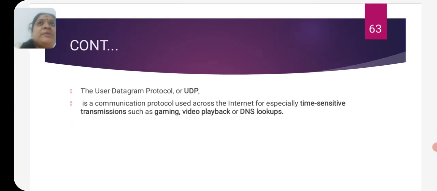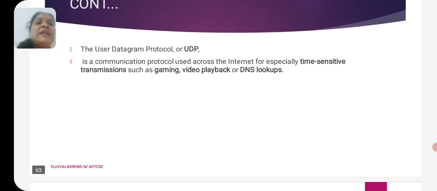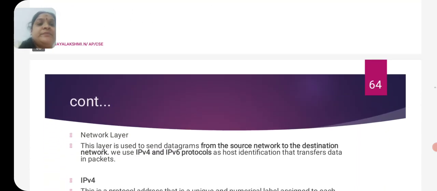And the next is UDP, User Datagram Protocol. It is used across the network especially for time-sensitive transmission, such as gaming and video playback. Mainly for setting up a connection we need TCP.